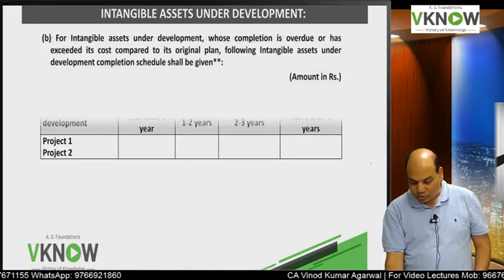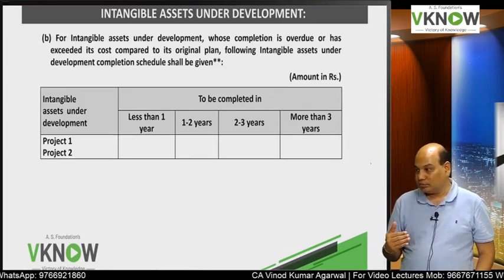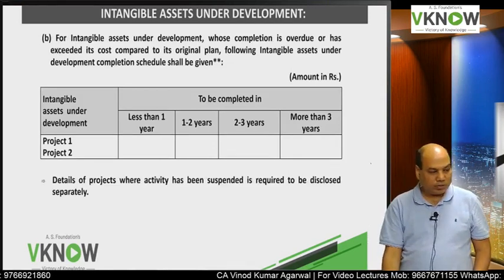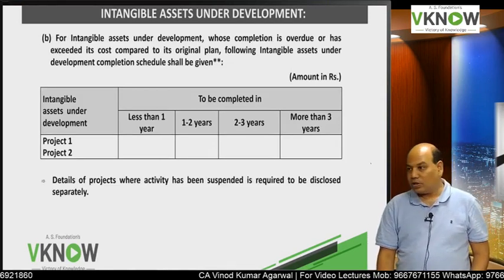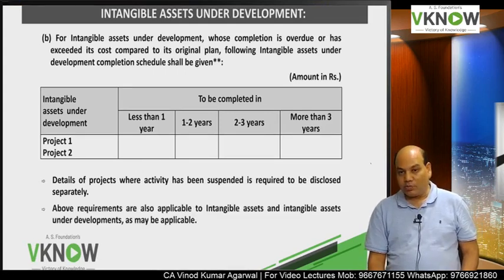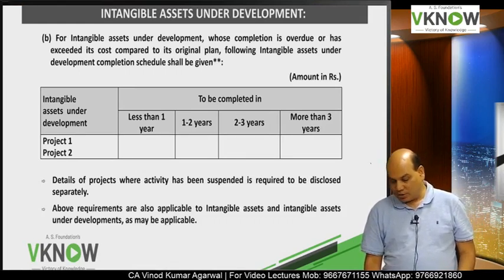Not only that, you will also have to give the breakup project wise. That will give me more idea about where the funds are getting blocked, for how many years it is getting blocked, and what the management is doing to complete that project.